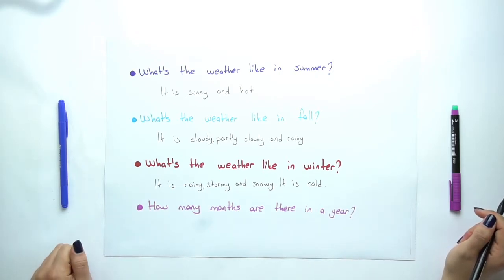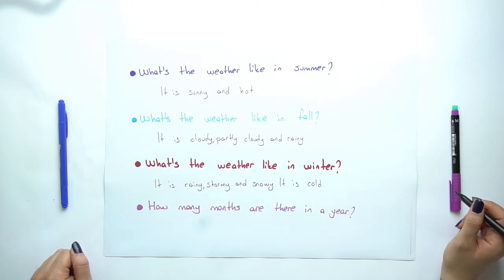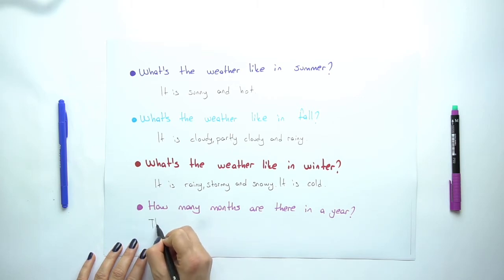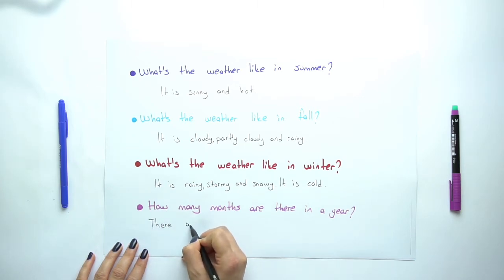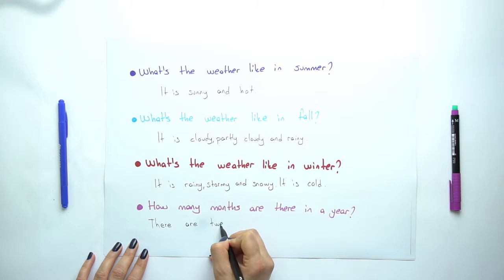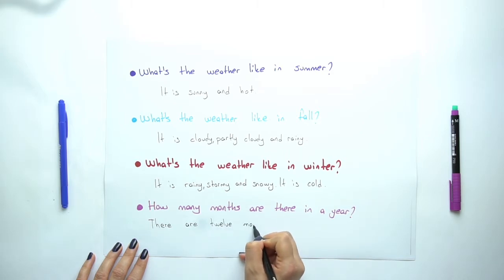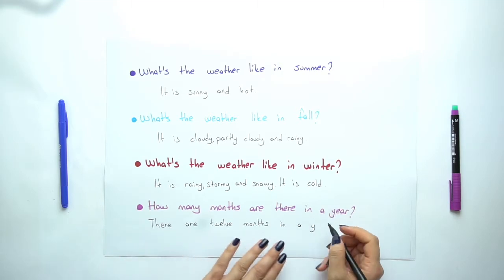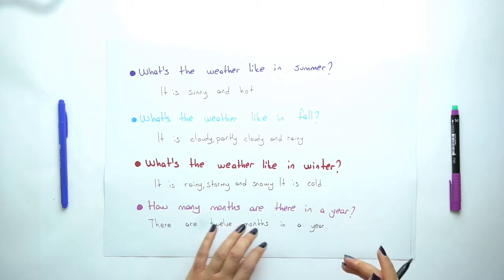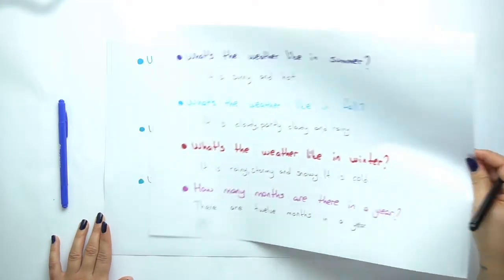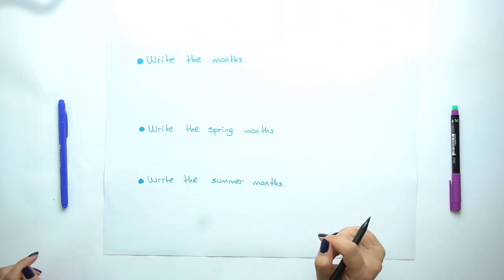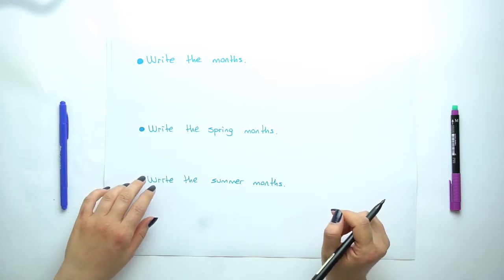Now, next question. How many months are there in a year? Okay, there are 12 months in a year. Okay. Now, next part. This time we will write the names of the months, okay?